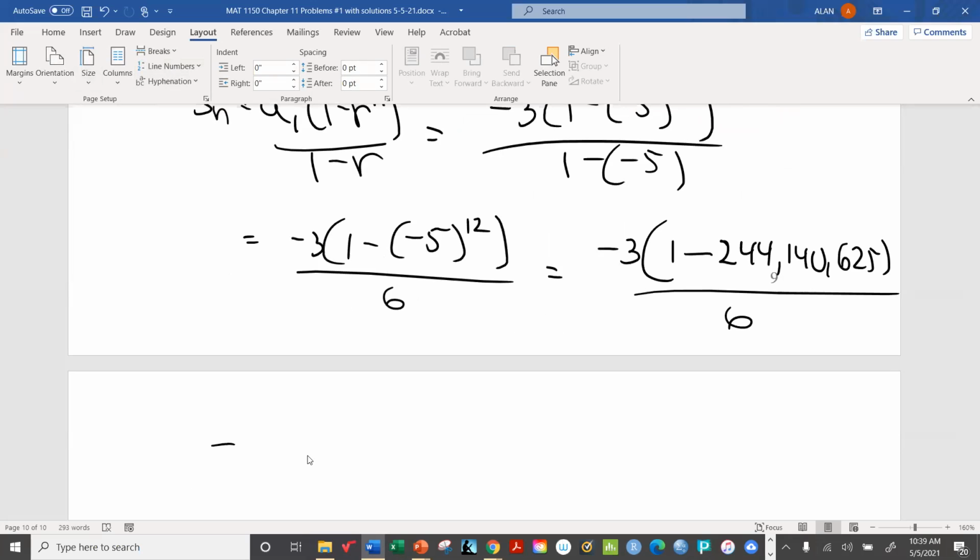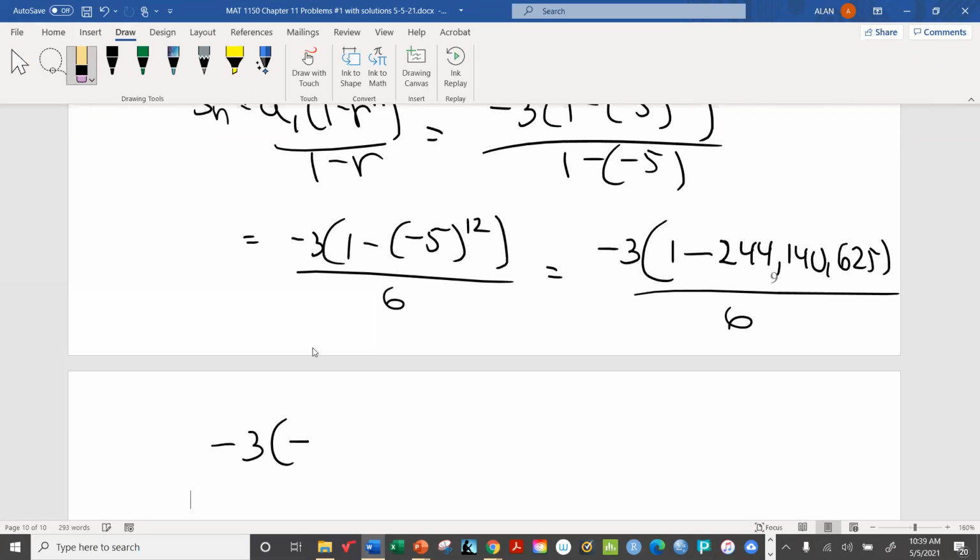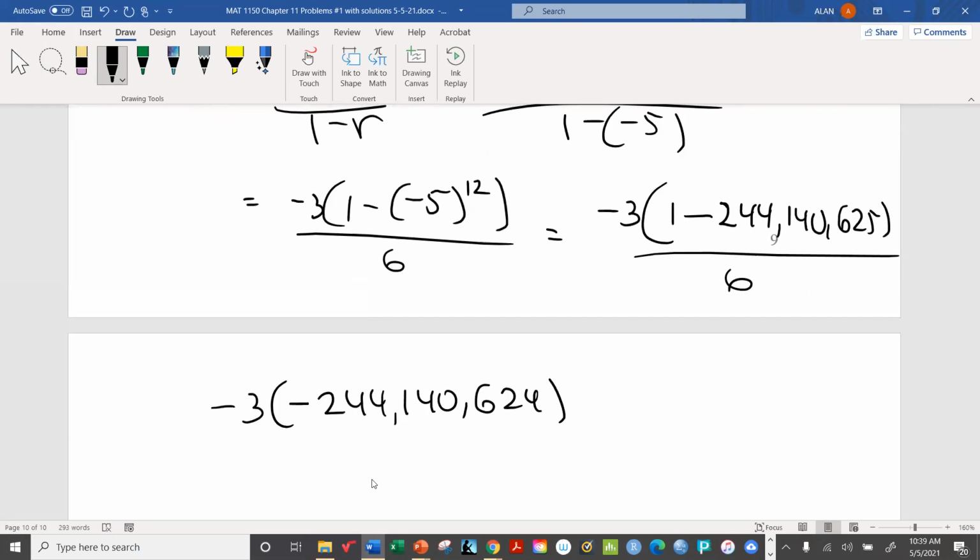So we'll have -3 times minus 244, all right, so that's minus 244,140,624 over 6.